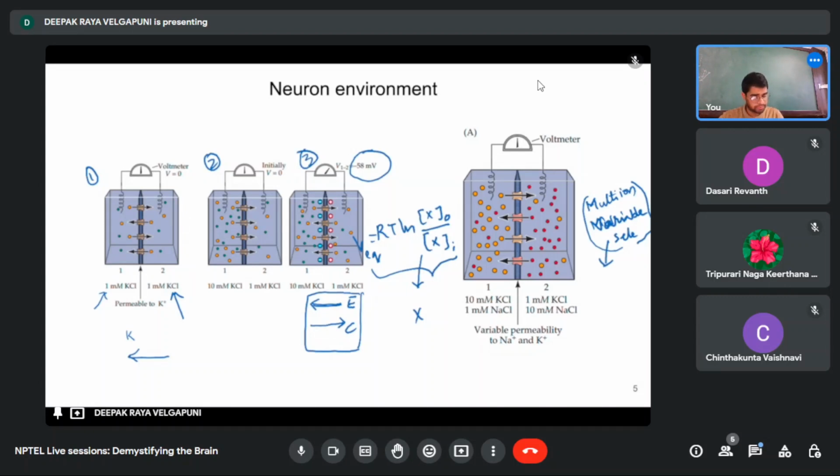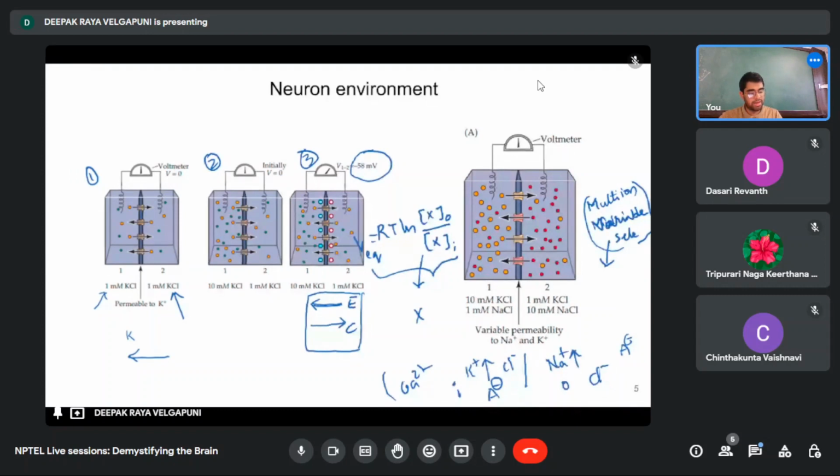Generally in a neuron, the intracellular side has higher K plus, and the extracellular side has lower K plus and higher Na plus. And there are other ions like chloride ions, some organic anions present inside the cell, chloride here also, and calcium ions.